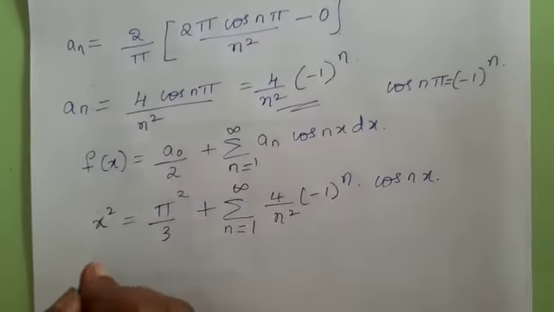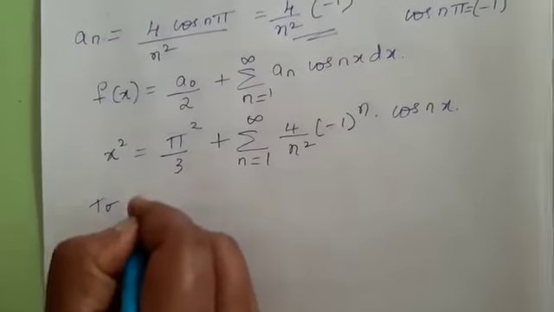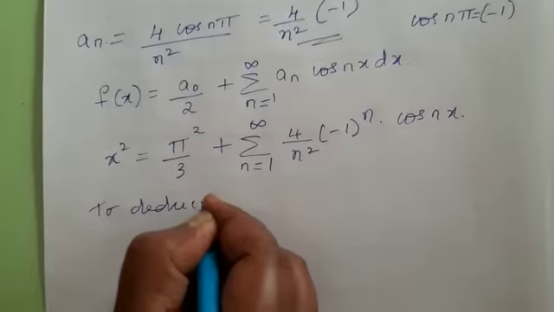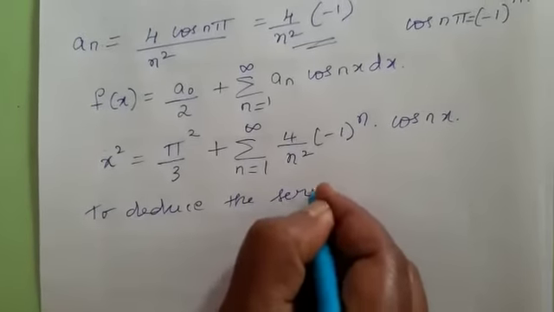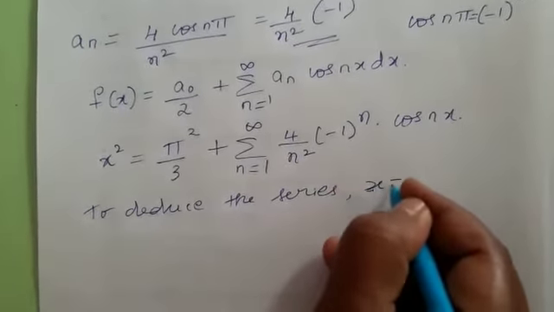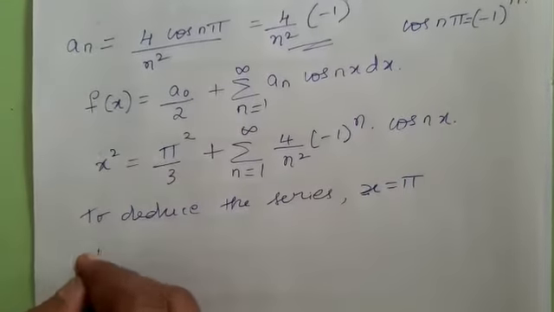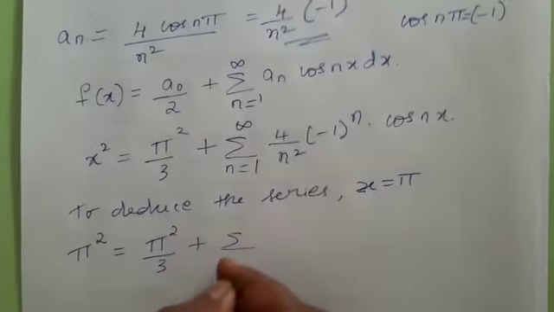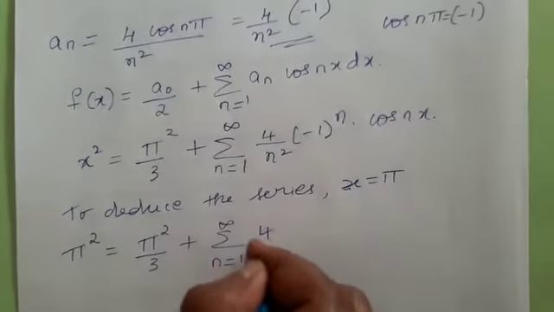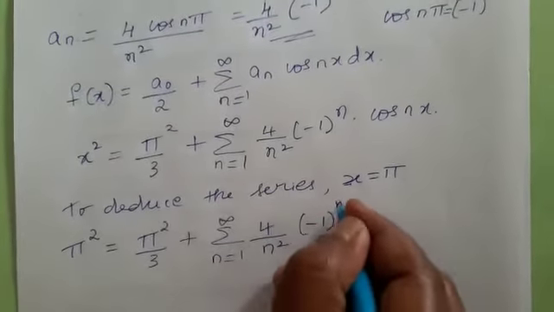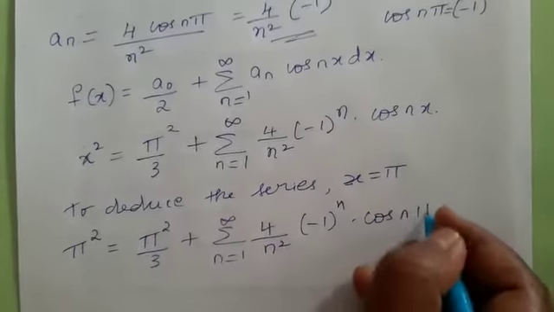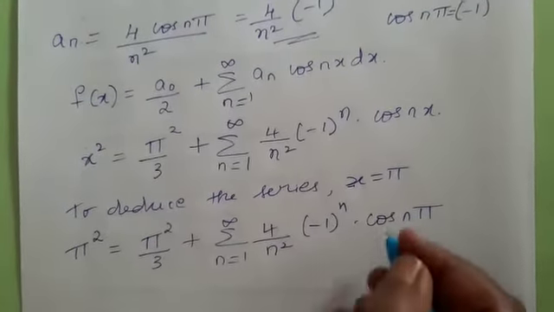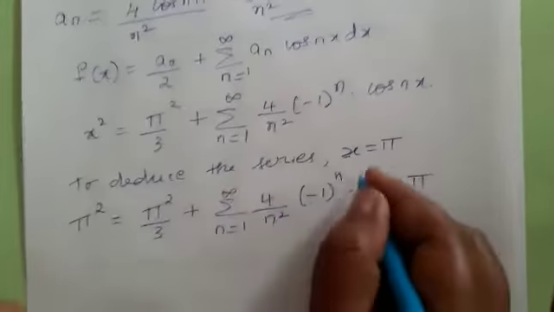Let me use the series. Let me put x equals π. I will get π² is equal to π²/3 plus summation n equals 1 to infinity 4/n² (-1)^n into cos nπ. So cos nπ is again (-1)^n.